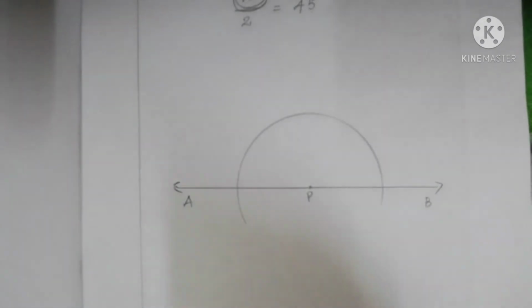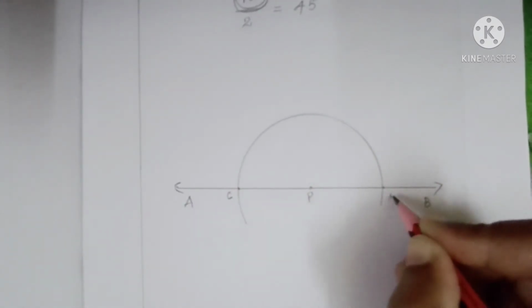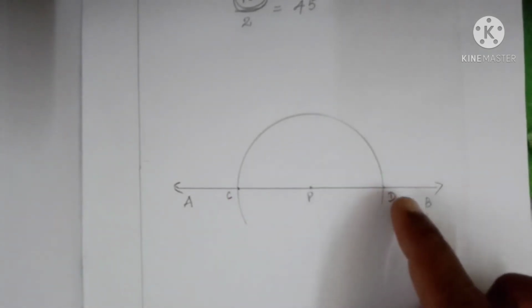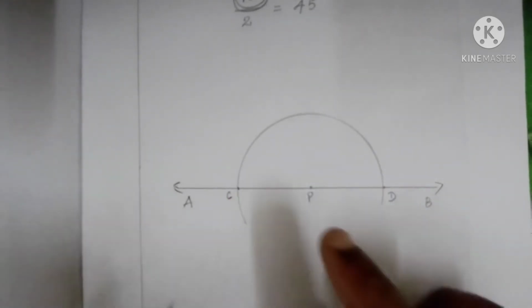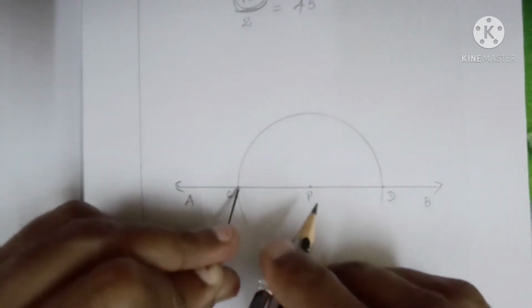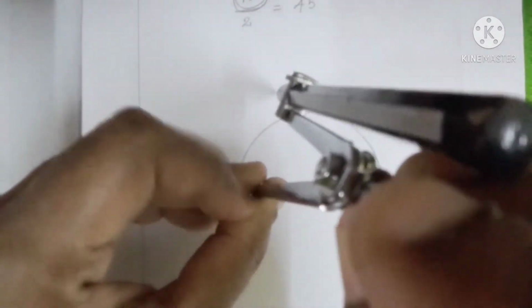It cut the line at C and D. With C and D as centers, with more than half of CD as radius, draw two arcs.